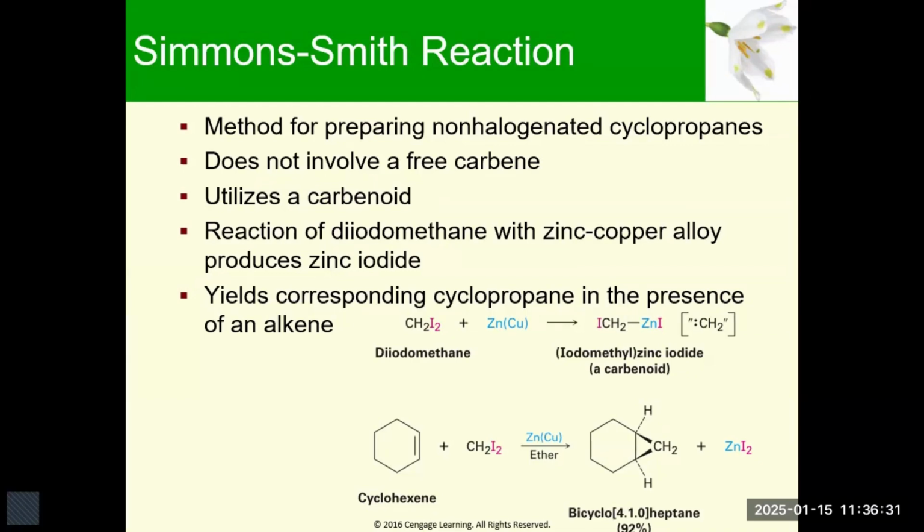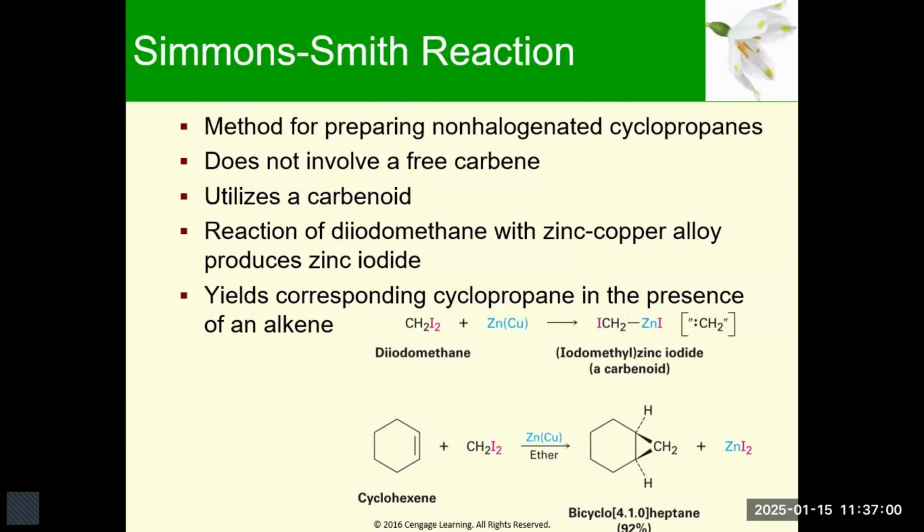So from there, you're going to take these two reagents, they're going to form this carbenoid, and that's going to stabilize this carbene. But remember, it's not a free carbene, all right? It's being stabilized as a carbenoid.